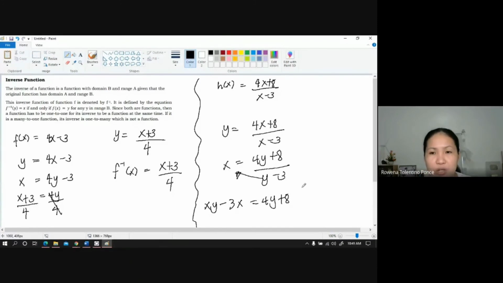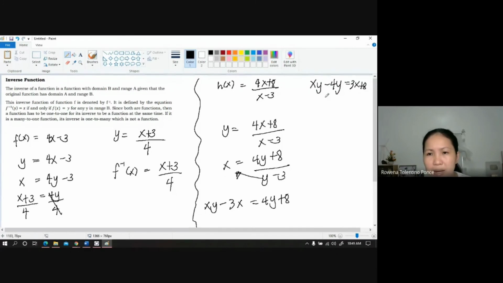The next step is to combine all terms with y. So we have xy minus 4y, and then transfer all the terms with x to the other side. So we have positive 3x plus 8.